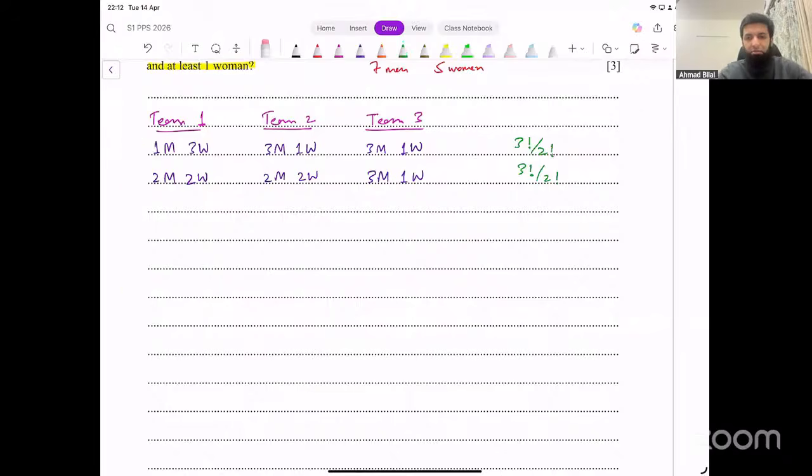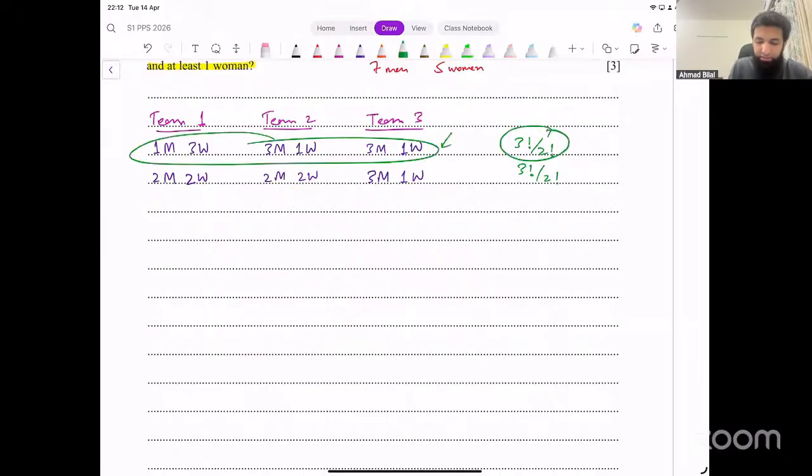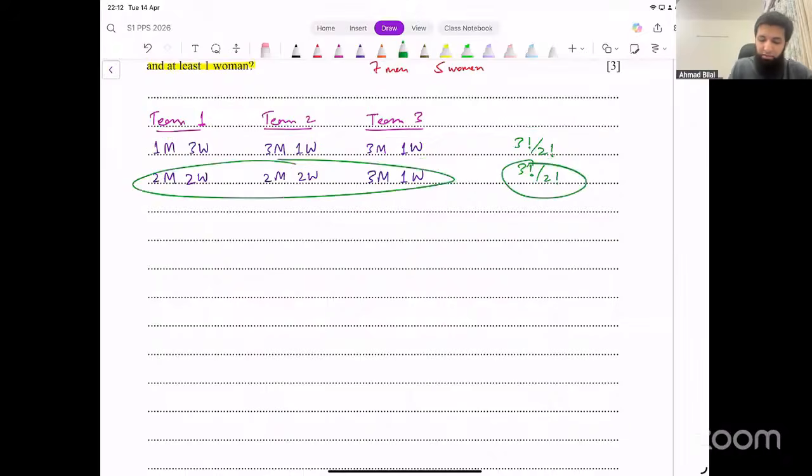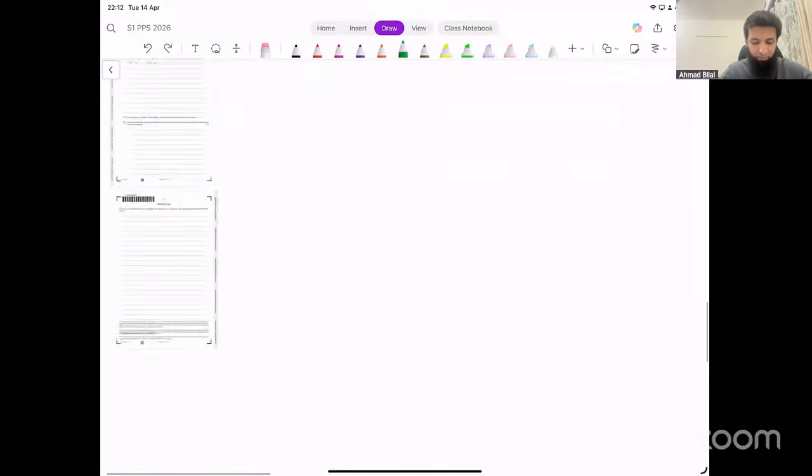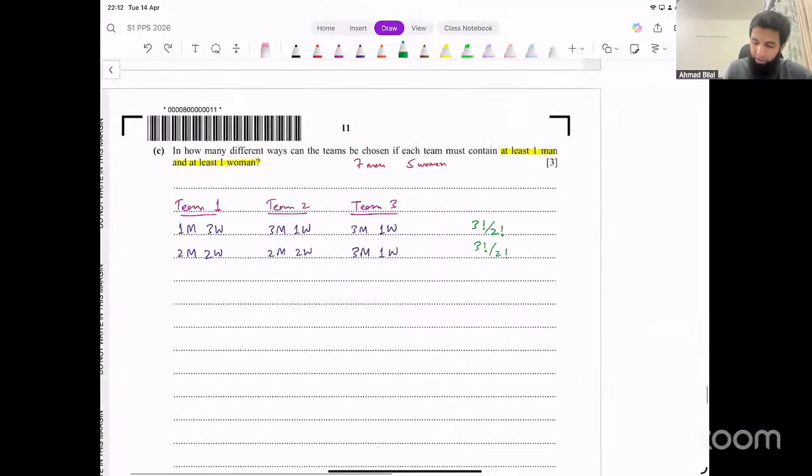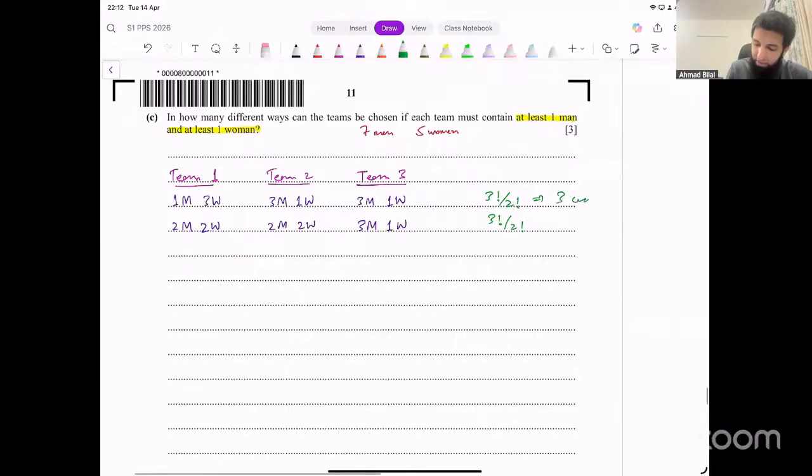You can do that, but that will be too many cases, 6 in total. Or you could just list these 2 cases down, and say there will be 3 factorial over 2 factorial cases like this, and similarly 3 factorial over 2 factorial cases like this. So for the first case we get 3 cases, and the second case as well, we get 3 possible cases.